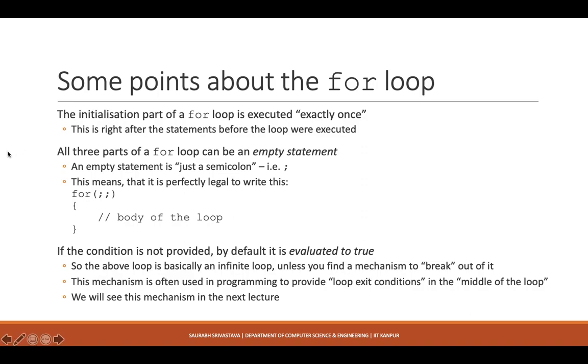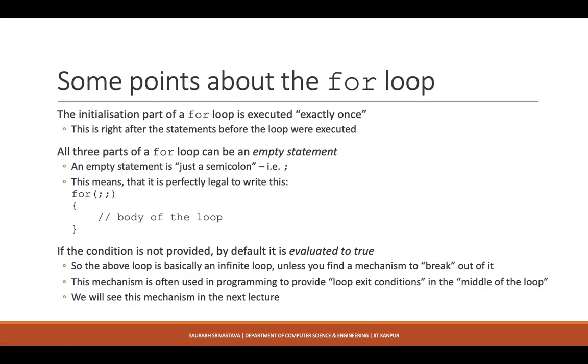So if you do not put anything here, it gets evaluated to true always. So if you write the loop like this, it essentially becomes an infinite loop, because there is no condition, it will always evaluate to true. Your control will keep on flowing within the loop, unless you have some other mechanism to break out of this loop and go to the next statement. That mechanism we will study in the next lecture.